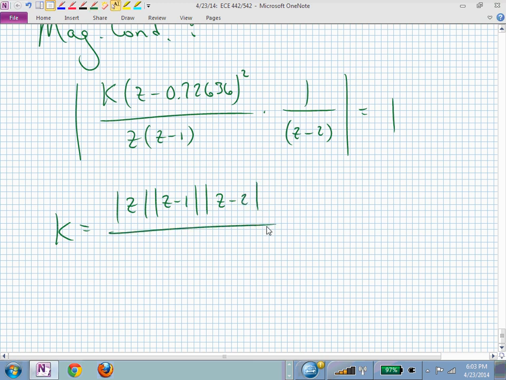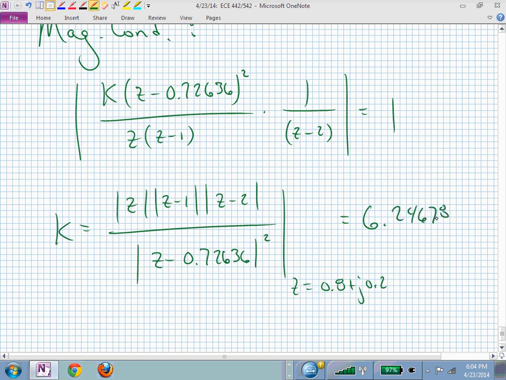We now have the magnitude from the origin to that triangle because we have a PID controller, not just a PI controller. Downstairs we have these two factors, which means we only really have to compute that distance once and square it. And if we evaluate that at 0.8 plus j 0.2, we end up with 6.24678.